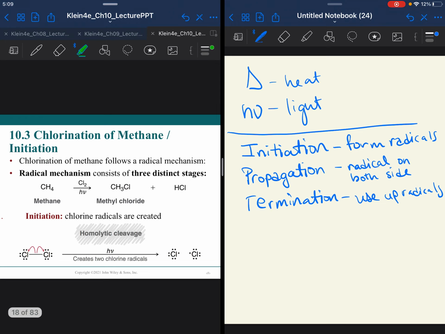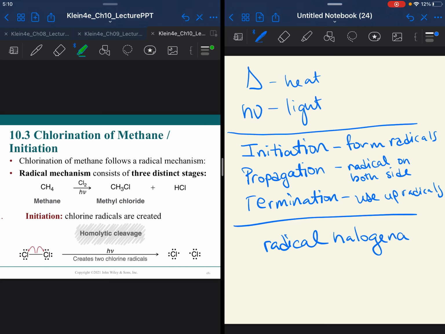So the new reaction that we are going to be really interested in, this is something that we did in lab, but we did a slightly more complex version of this, is radical halogenation. Right? So what we are going to be doing is replacing a hydrogen atom with a halogen.